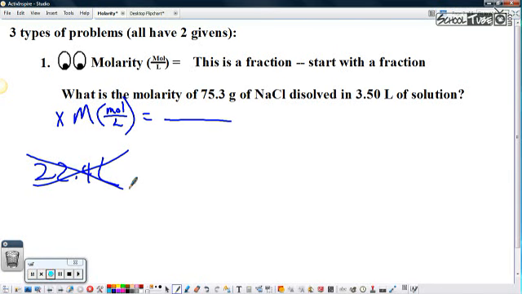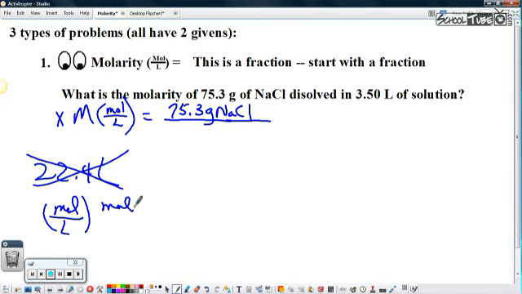So don't use it. No, no, no. All right, so 75.3 grams NaCl is the chemical, and remember, I wrote it mole per liter like this, but it actually means moles of chemical per liter of solution.